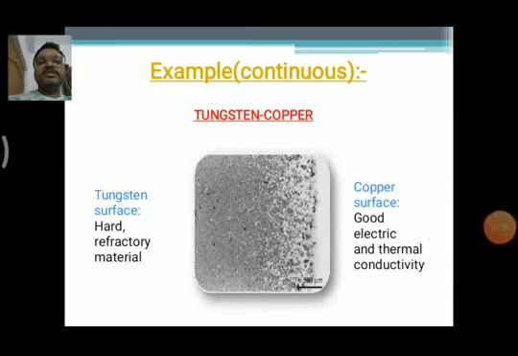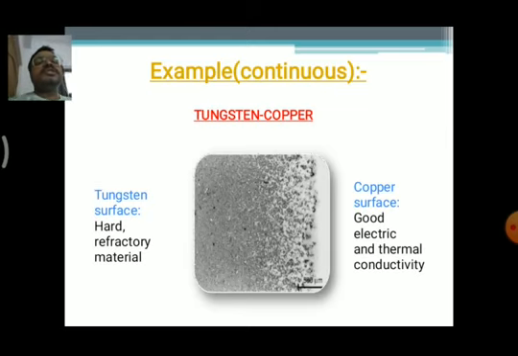In the next slide, we are seeing the example for continuous FGMs, that is continuous gradient FGM. We are taking tungsten copper as the basic example. Here we directly see the two different layers observed in the continuous gradient.